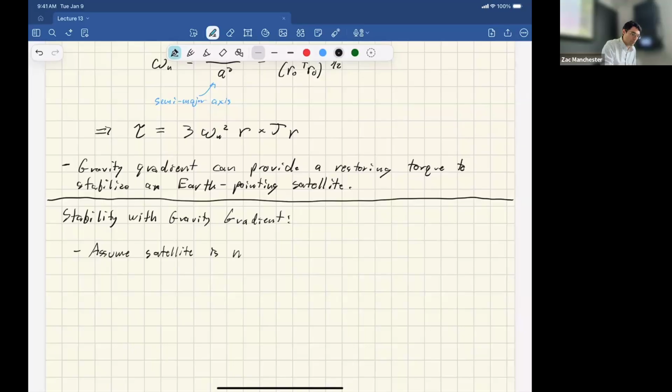So what we're going to do is assume that we're not in the nominal attitude that we want. So assume we're nominally rotating with the orbital frame doing what we want, but there are small perturbations.